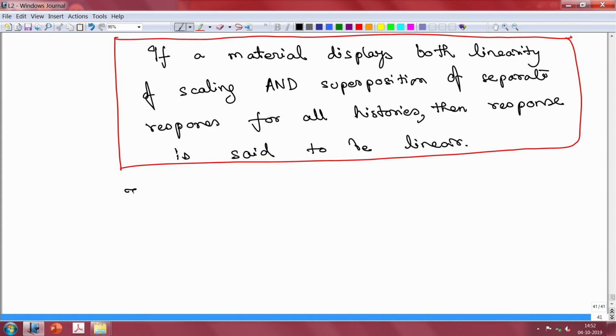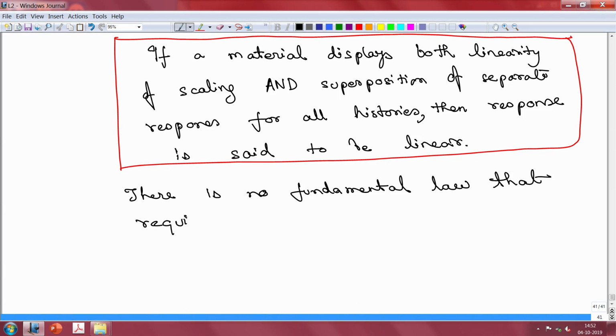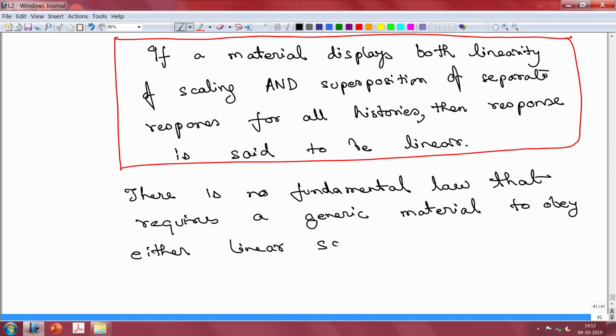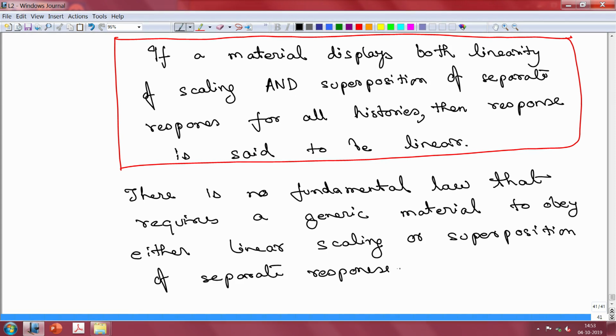And we will also note that there is no fundamental law that requires a generic material to obey either linear scaling or superposition of responses, superposition of separate responses. Or both.